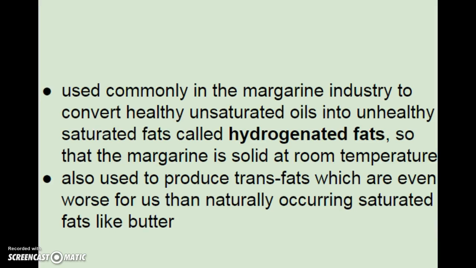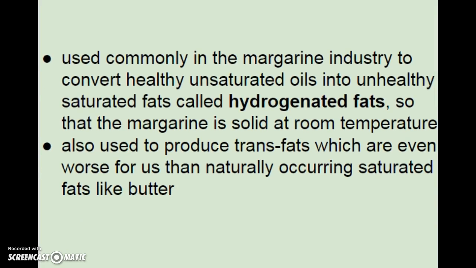But it's used commonly in the margarine industry, the food industry, to make these oily fats more solid at room temperature. So like, M&Ms melt in your mouth, not in your hands. If they hydrogenate the oils or fats they're using in it, they can keep it more solid at room temperature. Now, unfortunately, it makes it less healthy.